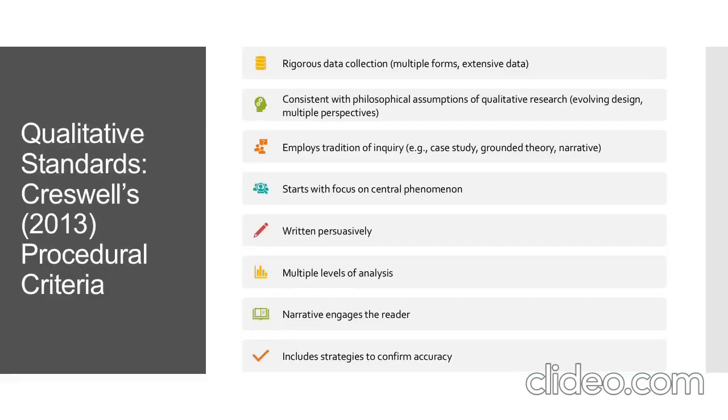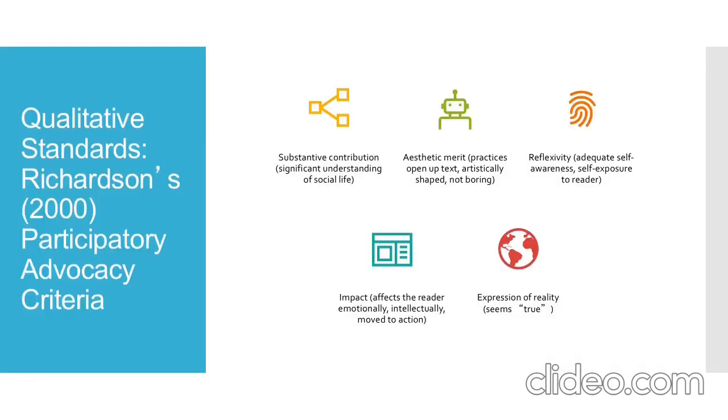However, when we talk about the procedural criteria, we are emphasizing rigorous data collection, consistency with the philosophical assumptions of qualitative research, employing a tradition of inquiry, starting with a focus on a central phenomenon, writing persuasively, working on multiple levels of analysis, engaging the reader, and including strategies to confirm accuracy.